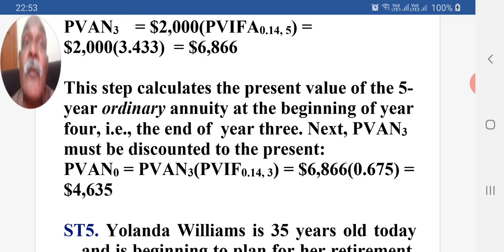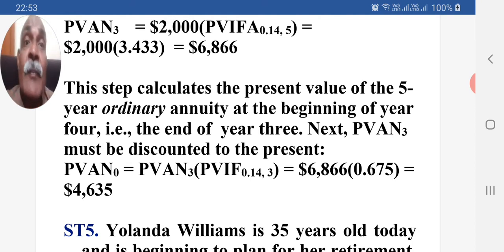Now what will be the factor? Again, the present value factor. This present value becomes a future value, because after 3 years you are getting 6,866. So this is your future value.